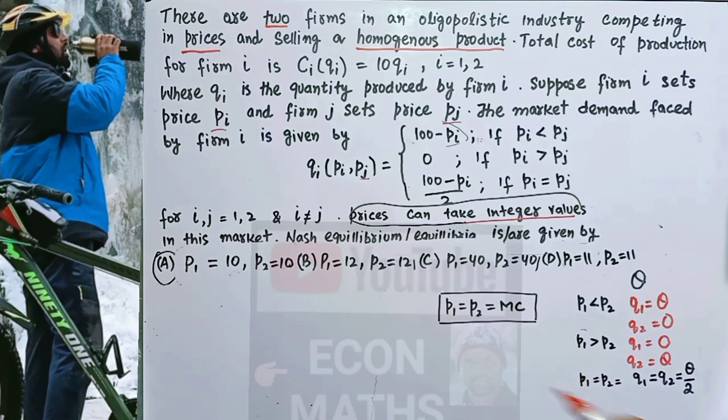So this is the Nash equilibrium condition in the Bertrand duopoly model. When firms are competing in prices, each firm will set a price equal to its competitor's, which is equal to the marginal cost, and the market will be split between them. No firm has any incentive to charge a lower price than its competitors and to remain in the market.